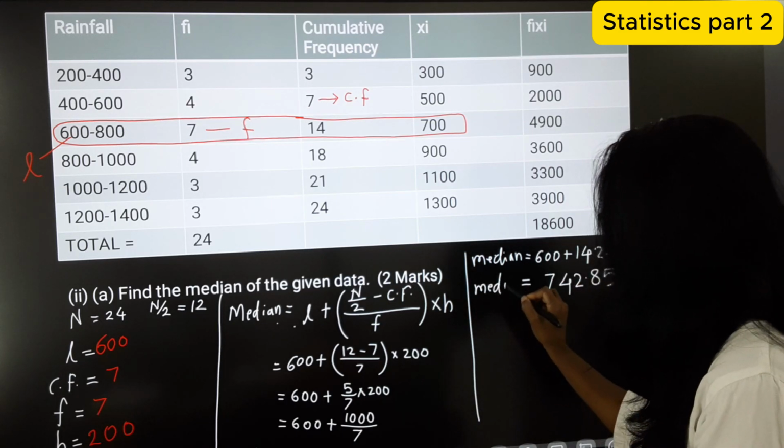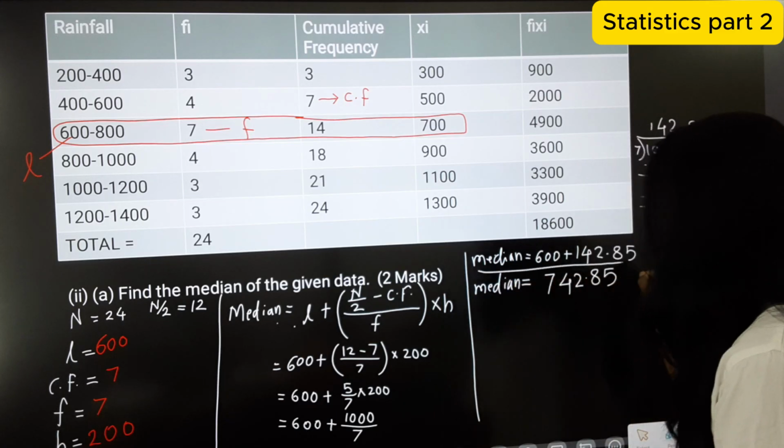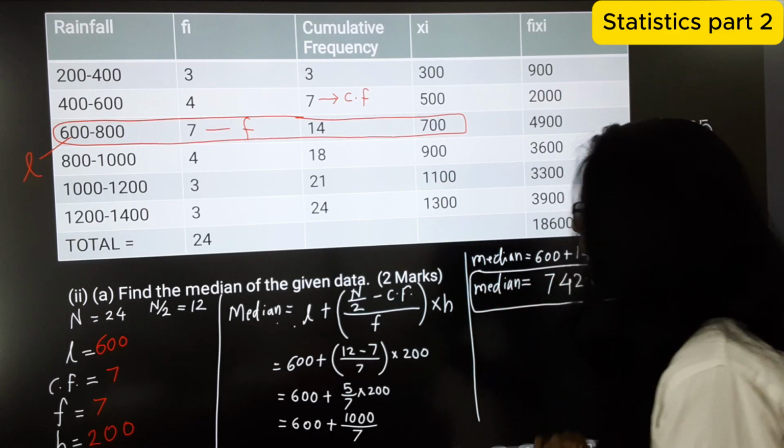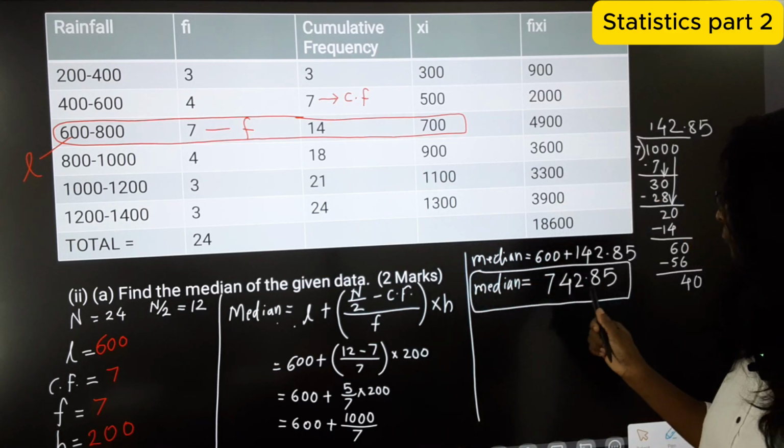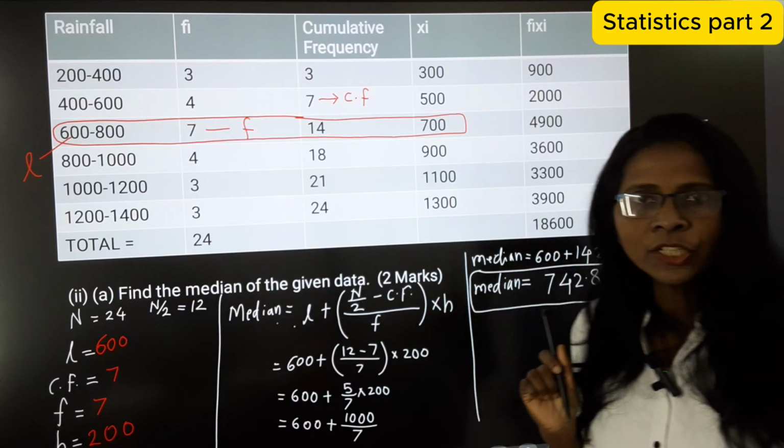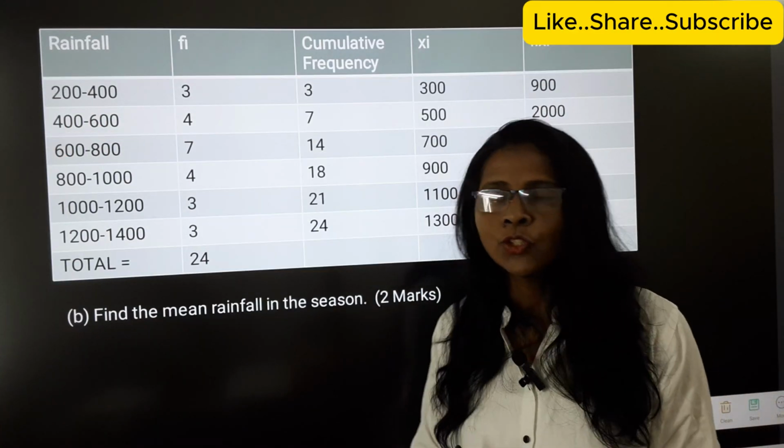So the median is equal to 742.85. Okay students.